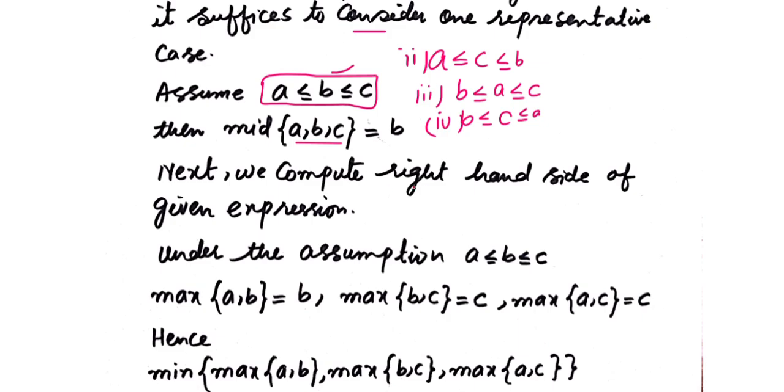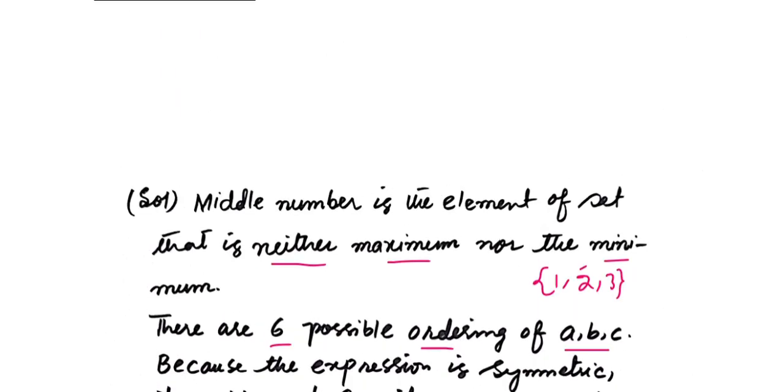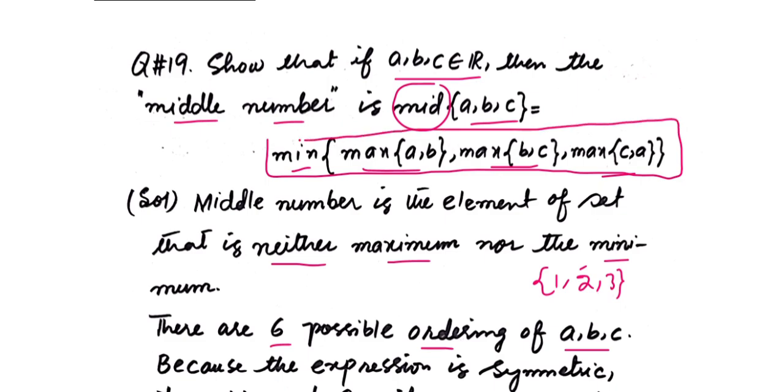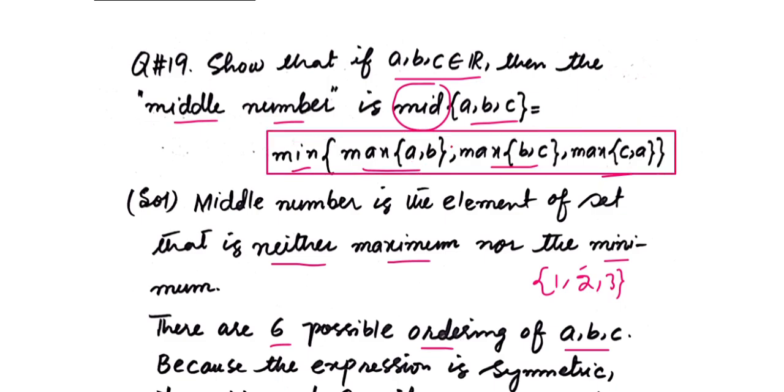This is the left hand side of our question. Next we compute the right hand side of the given expression. In this side, we have to calculate the maximum of these three sets.